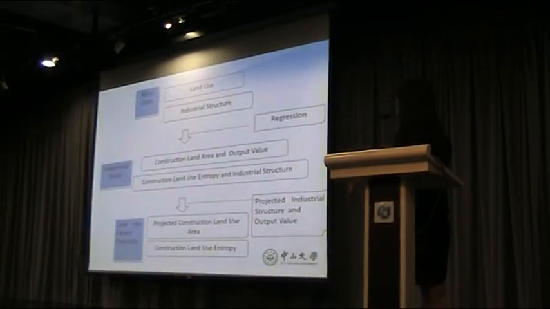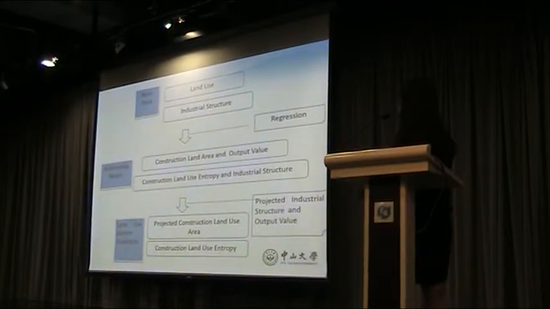As long as we understand the relationship, and as long as we have the projected industrial structure values, then we can predict, in less than 15 years until 2020, what the construction land use area and land use patterns will be, and we can predict the land use situation and the water ecological problems at that time.